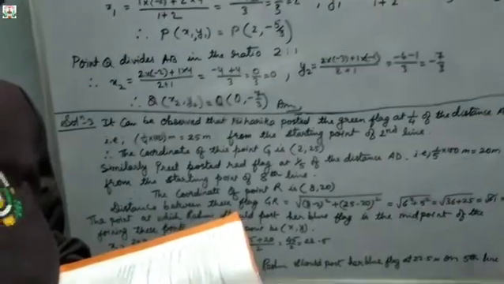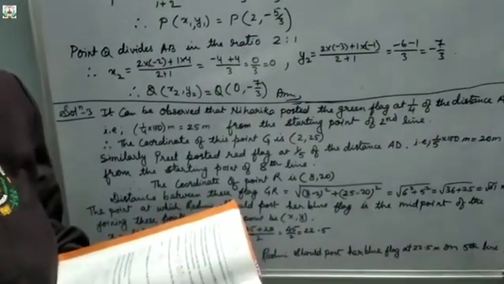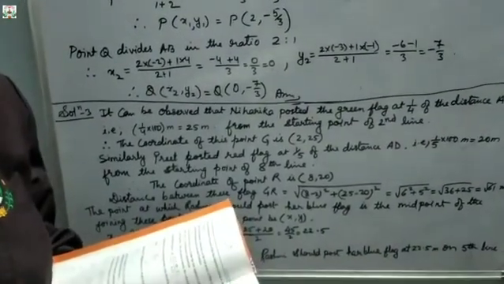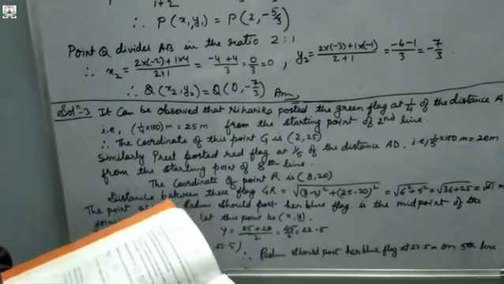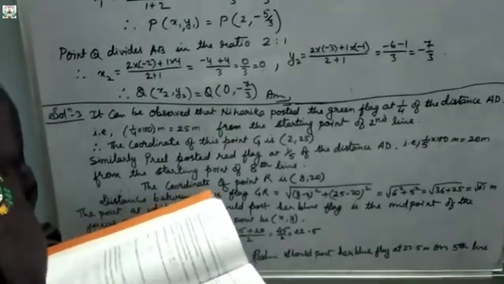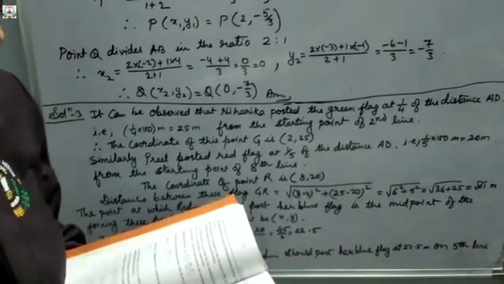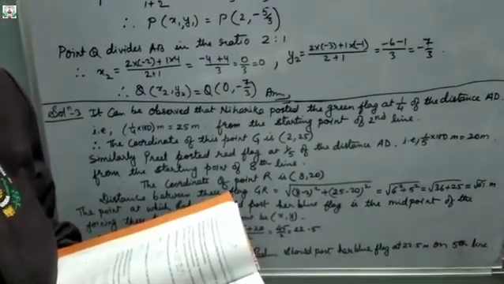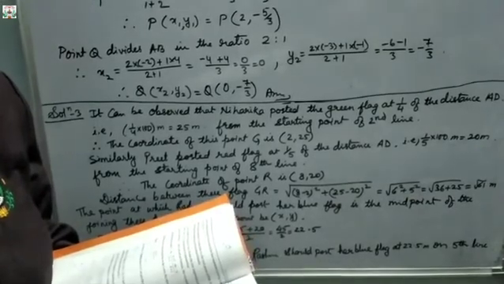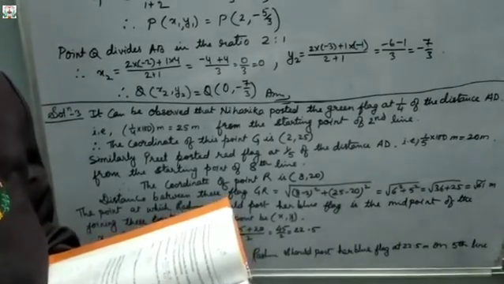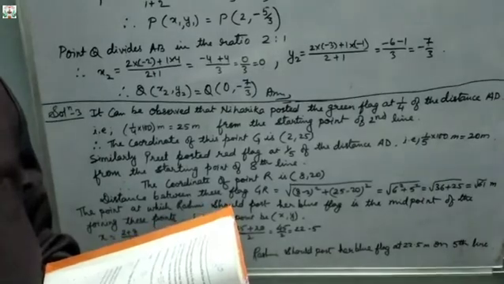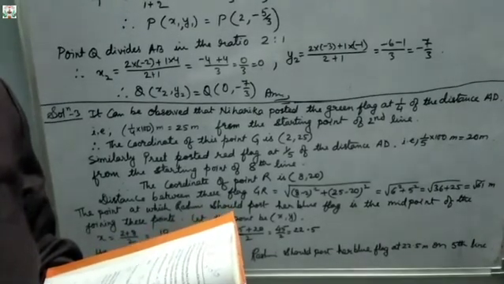As shown in the figure, Niharika runs 1/4 of the distance AD. So the total distance of AD is given as 100. Okay, so AD on the second line and posts a green flag. Preet runs 1/5 of the distance AD on the 8th line and posts a red flag.